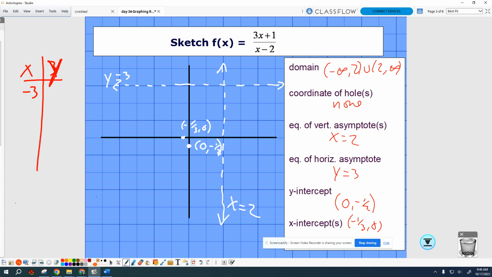Plugging in -3 to this, it's -9 plus 1 over -5, so -8 over -5, which is more than 1, more than 2, more than 3, what is it? It's like 1 and something.